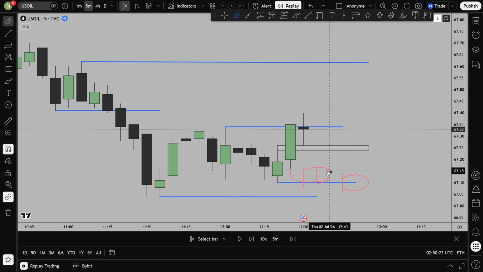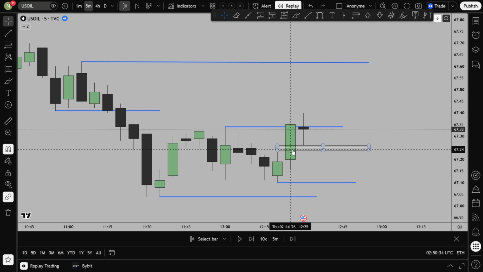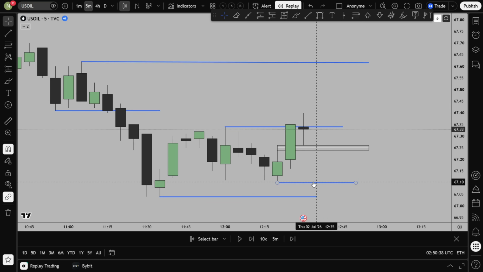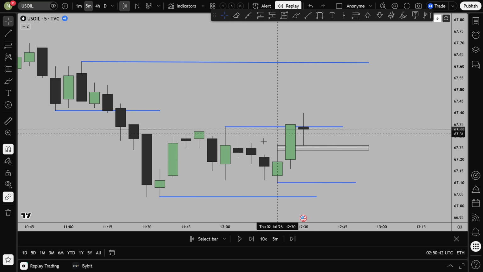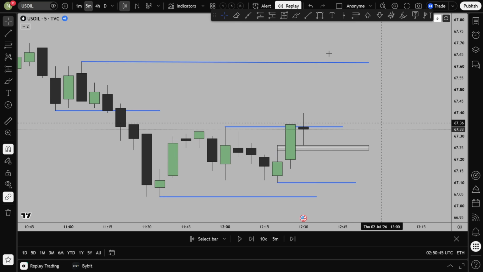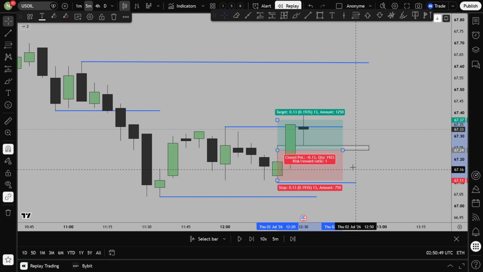So in here, sorry, let me delete all of this stuff. Great. So in here, we are going to enter somewhere in between this line and this line, or you can decide on entering on the low or something in between, where we have a fair value gap, which is a sign to use.